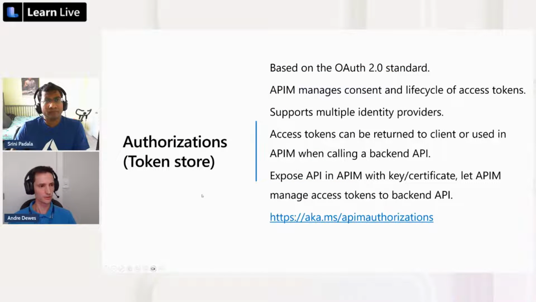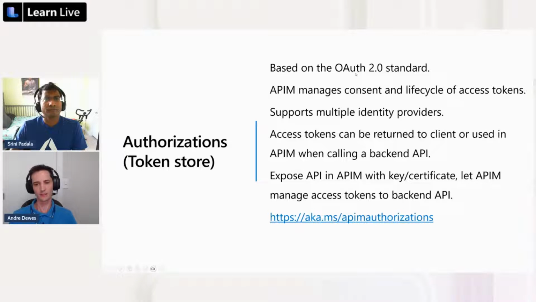And lastly, here I want to talk about the authorizations. This is a pretty new feature from API management. This is actually making it easier for your API management instance to acquire access tokens from external providers using the OAuth standard.